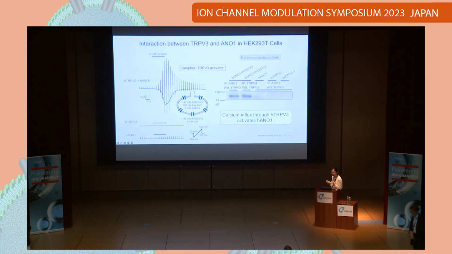But in physiological conditions, we actually don't need such a strong calcium buffer. There are many calcium flux pathways that could finally affect ANO1. So why do you think TRPV3 and ANO1 have a more specific relation? Is there any other calcium source also interacting with ANO1 function?